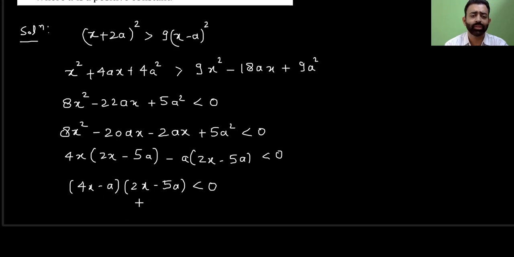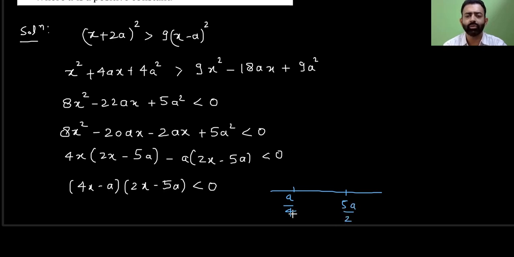So between the roots means, if I draw the number line like this, one x will be 5a by 2 and one x will be a by 4. So this value is a by 4 and this value is 5a over 2.